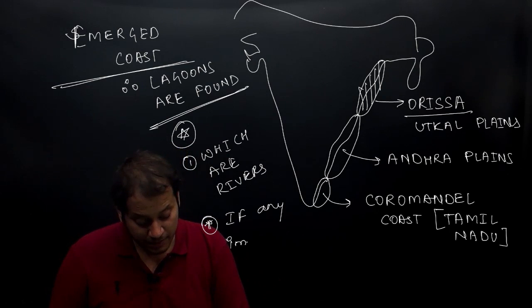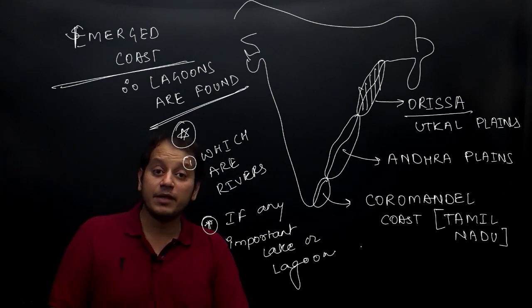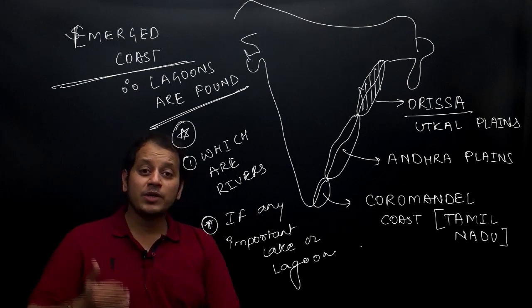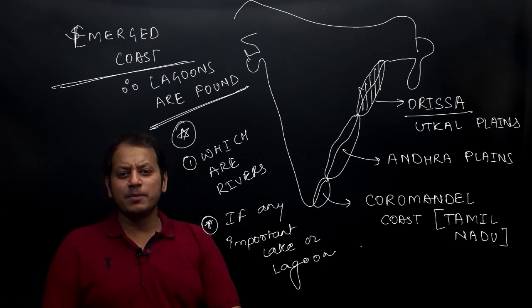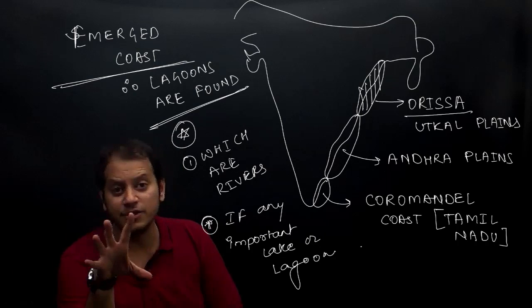Ports, you can just look at in the atlas, because we are going to deal with ports as a separate topic, so I am not going to teach the different kinds of ports here.